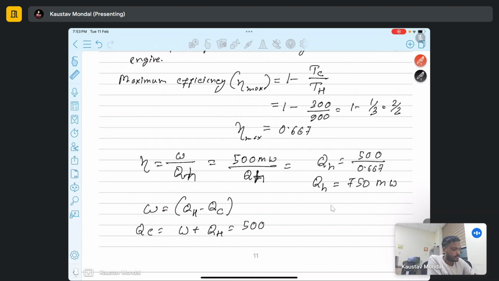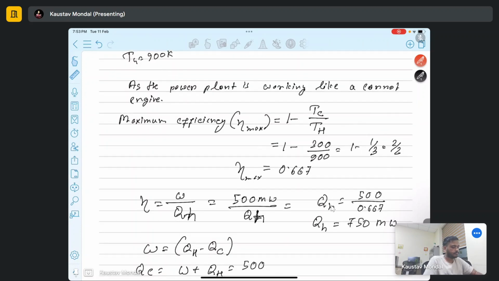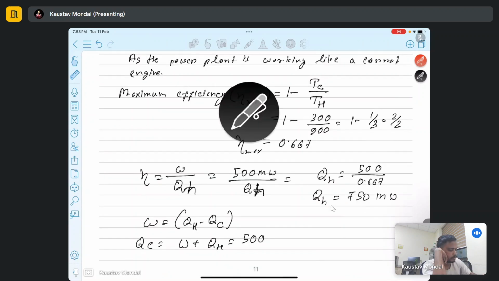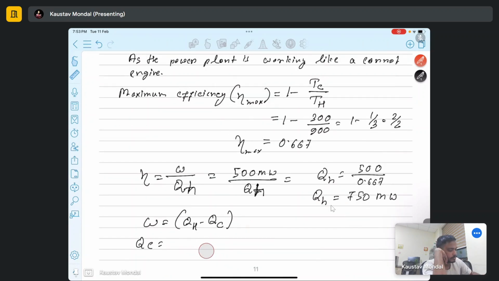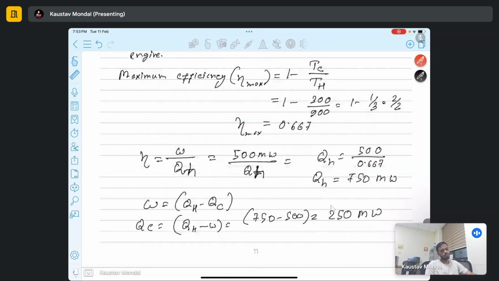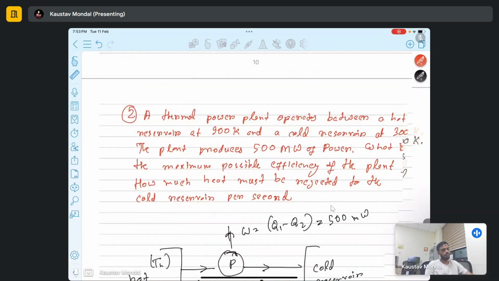Sorry, I think I've made a mistake. QC would be QH minus work done. So QH is 750 minus work done 500, so this will be 250 megawatt. That is the heat that has been rejected to the cold reservoir, right?